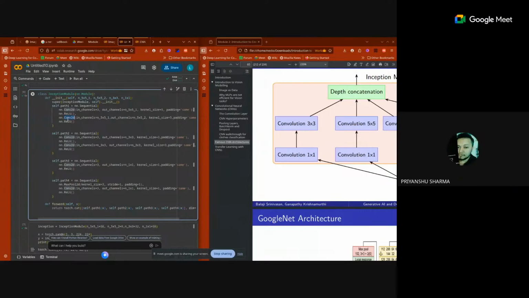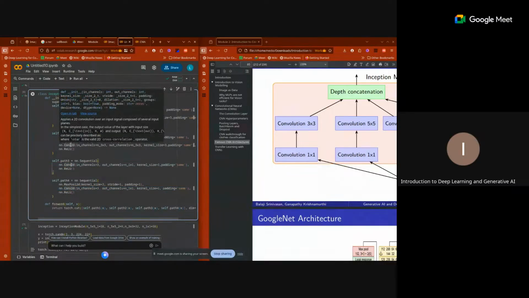Okay, sir. Another question: for fully connected layers, do we have extra biases? Yeah, usually biases will be there for every layer. Convolution also will have biases. Fully connected will also have biases. By default, it will have. There is an argument, bias equal to bool.